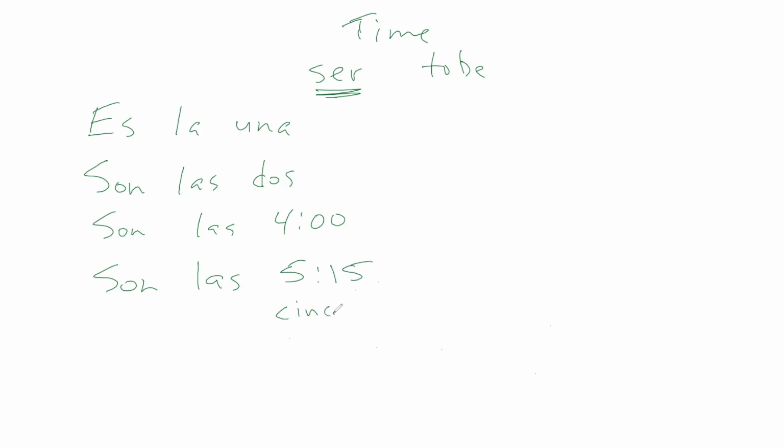So if we were going to spell that out, 5:15, right? So we're just going to say y, okay? Say another time, son las 6:05, right? 6:05. So you're just going to add the time if it's anything plus.